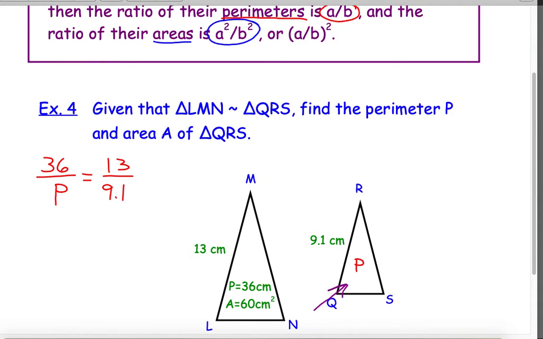So this perimeter to this perimeter equals this side to this side. That's what this theorem is telling us. And that's it. So as long as I give you two matching sides, you take that ratio and set it equal to the ratio of the perimeters.